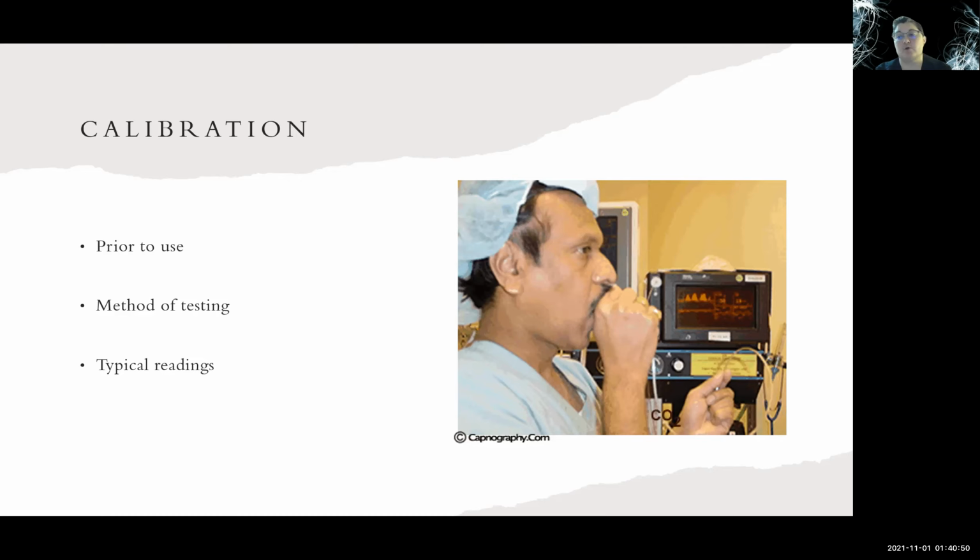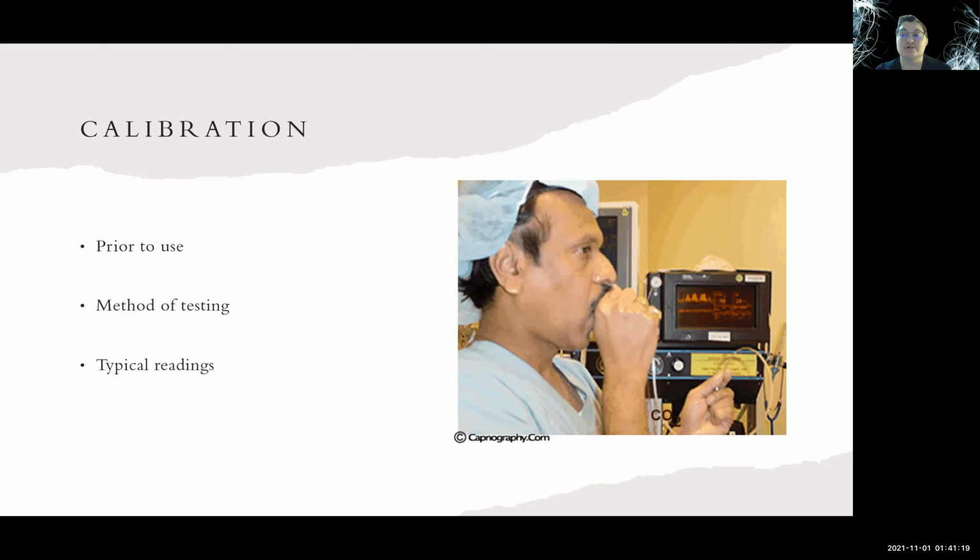Every capnography monitor has to be calibrated when any component is changed. This should also always be done by the manufacturer's guidelines. For the most accurate results, we're going to calibrate the monitor. We're going to make sure it's zeroed out to room air, and at the end, we will test it.